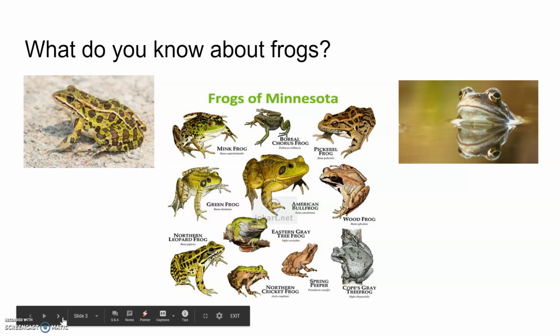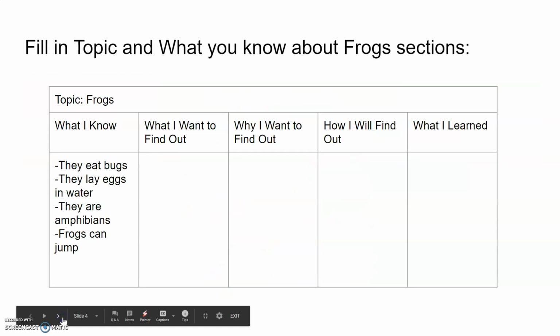So looking at these pictures of frogs, let's start brainstorming, and I want each student to brainstorm what you know about frogs. And we're going to write it here in this first column.